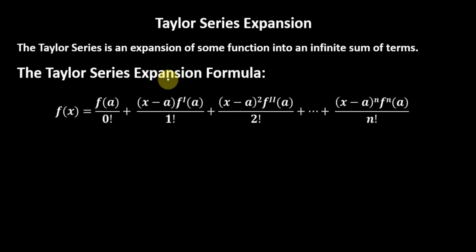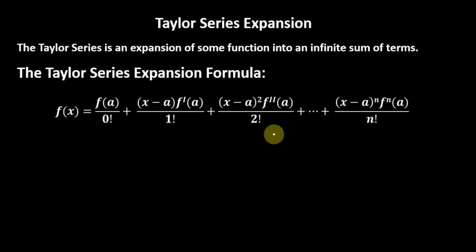Now the Taylor series expansion formula is f of x is equal to f of a over 0 factorial plus (x minus a) in bracket times the first differential of f of a over 1 factorial plus (x minus a) in bracket raised to the second power times the second differential of f of a over 2 factorial.